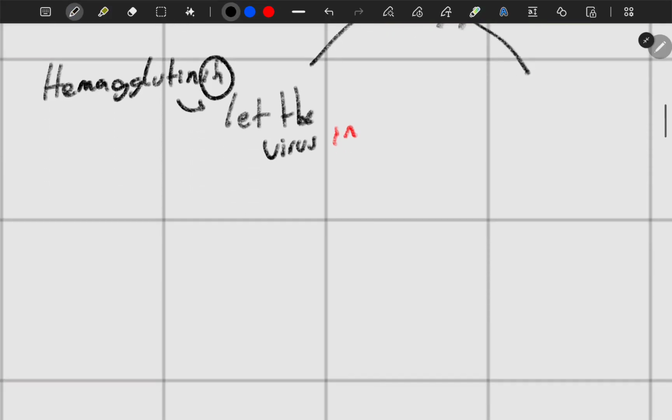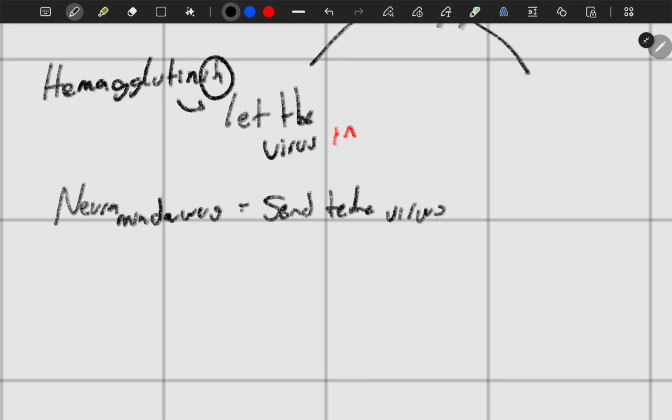And then we have the other protein, neuraminidase, that sends the virus away. So neuraminidase sends the virus away, and the hemagglutinin lets the virus in.